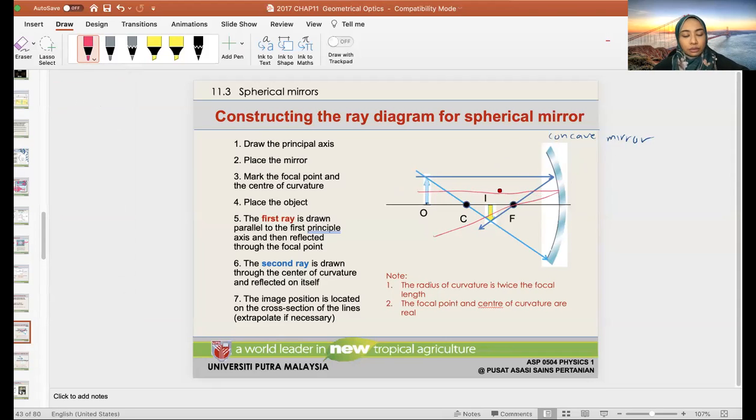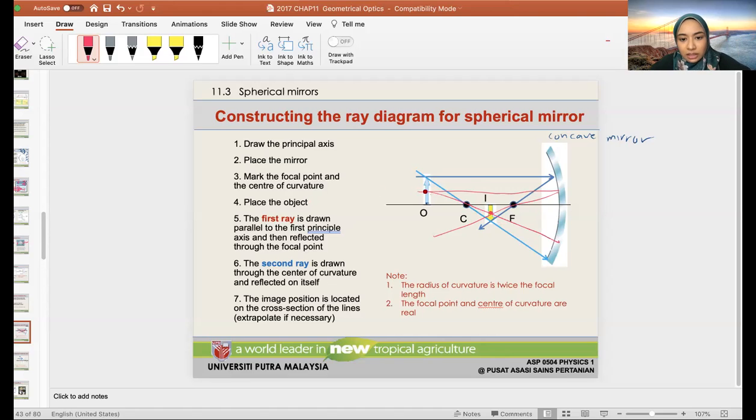And then ray 2 goes into the center of curvature back onto itself. Okay, so from the center of the object it goes, this is so hard, back onto itself. It doesn't intersect. Wait a moment. Okay. So the intersection is over here, which is approximately half of the object.